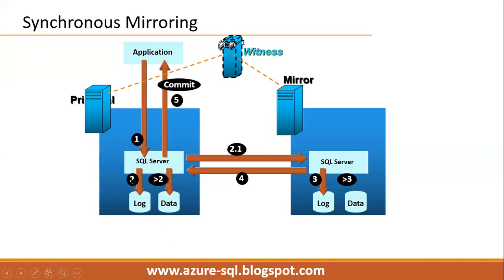After writing changes into the log file, changes are written into the data file. That is by default; remember, mirroring may be there, may not be there. Already you know, after that the changes are written into the data file by the checkpoint process. And we have seen the database is in online state here, and here it is in restoring state.